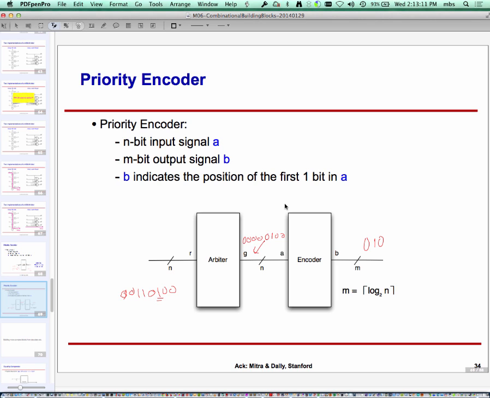So when you are doing homeworks, I expect you to use the modules that are in the book and in our lectures. But when you are doing a Logisim design later on, not this particular design assignment, then you will have to use the modules that it provides, and they are slightly different in behavior, and I would like you to read the user's guide to see what it is. But it has counterparts to a lot of the things that we are talking about: encoders, decoders, multiplexers, and all.